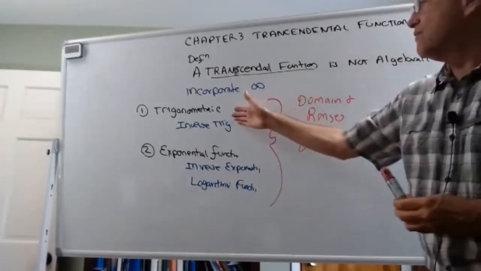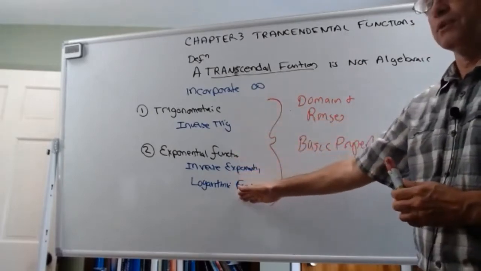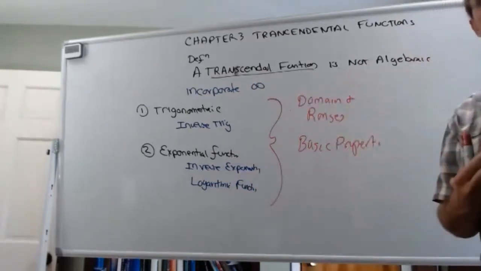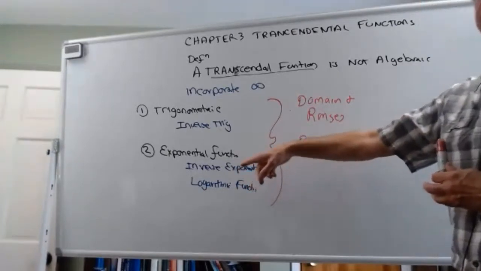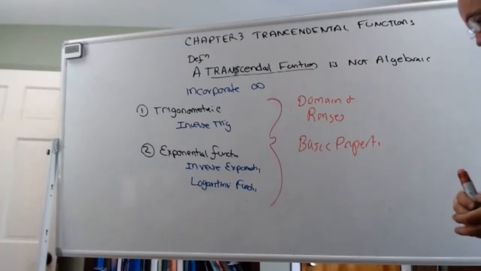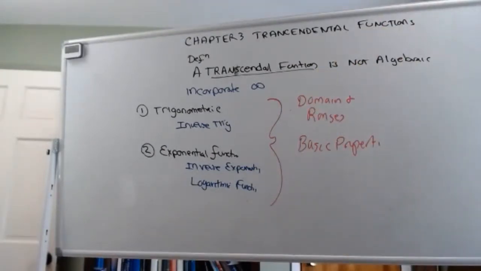So trig functions are not algebraic, and exponential and logarithmic functions are not algebraic. They actually have this concept of infinity built into them. And you'll see, in many cases, especially when we're looking at the Euler number e, that it incorporates the concept of infinity. Okay, any questions?